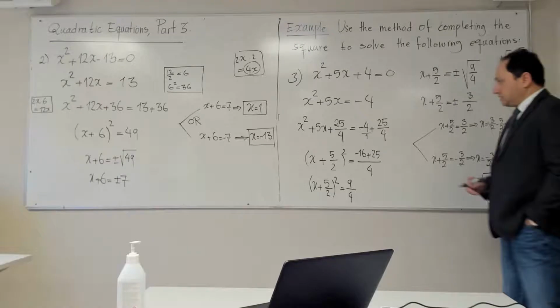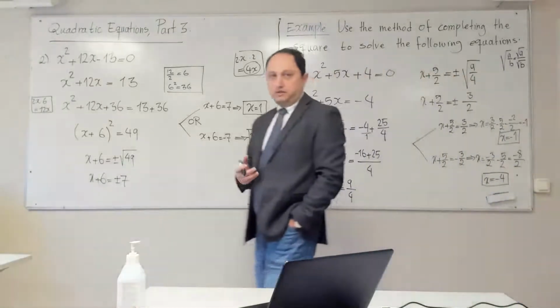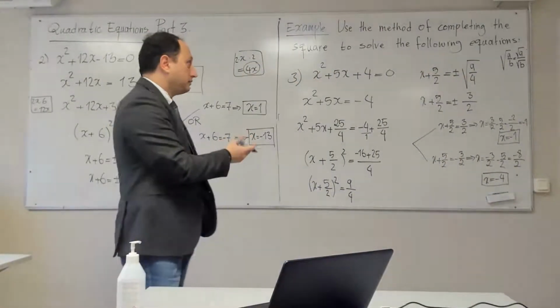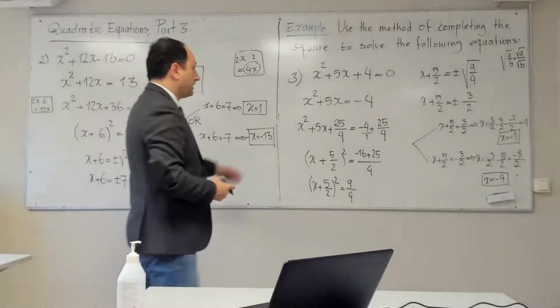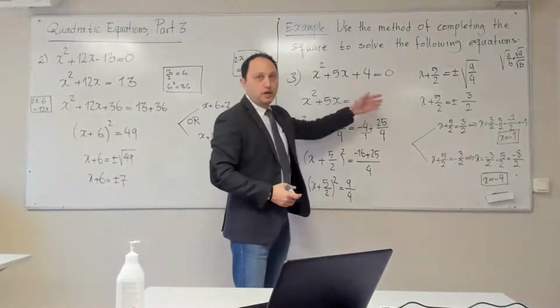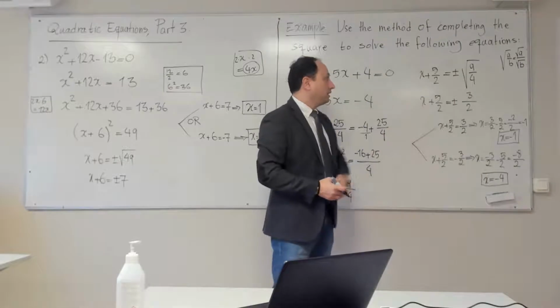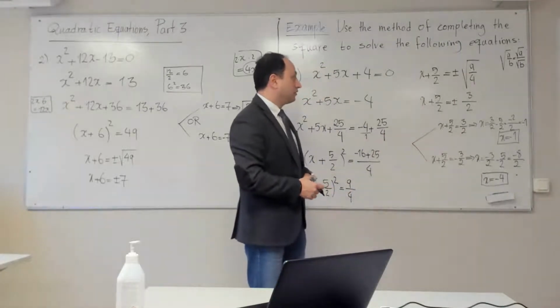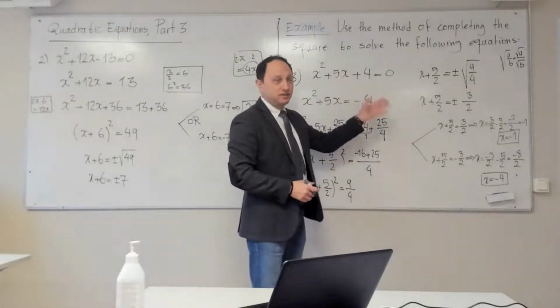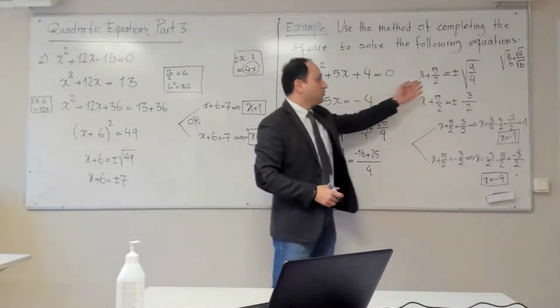Okay? So the only difference between this new problem and the first two problems was that this was an odd number. So when I divide, I get a fraction. Of course, in this case, 5 over 2 is 2.5.